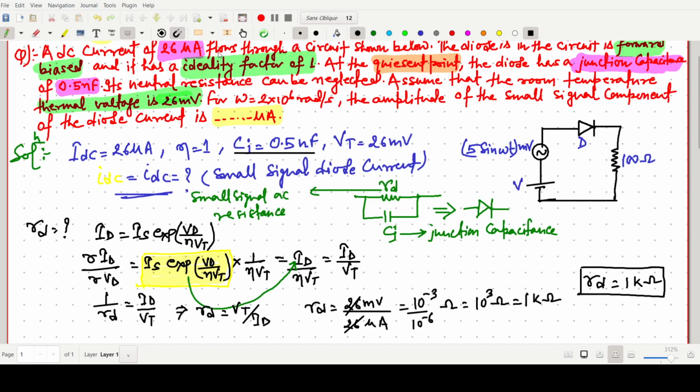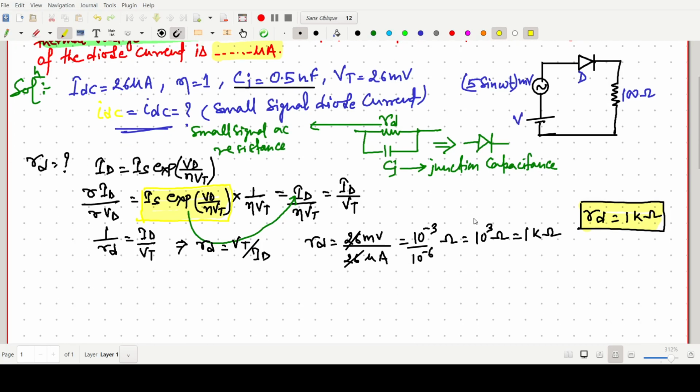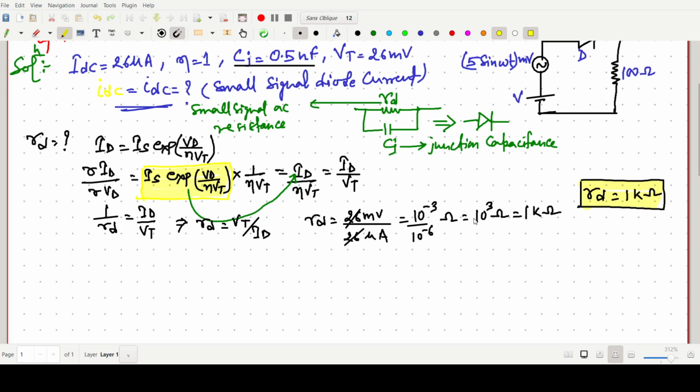Now the rd value is known to us. For any small signal analysis of a diode, we have to know the rd value if we are looking for the small signal resistance. Now we have to go for the AC current calculation.